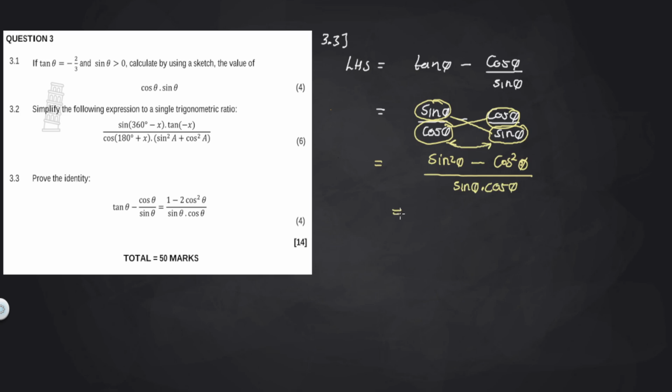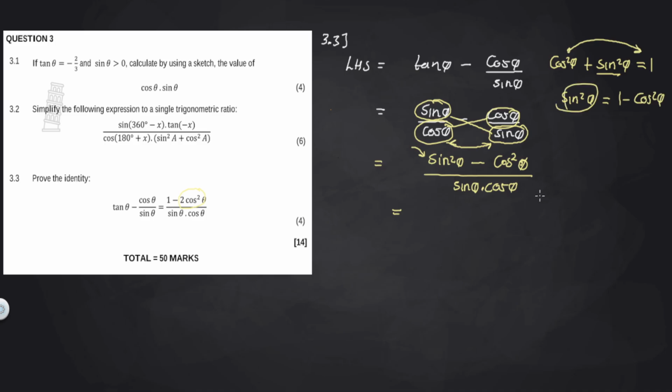Therefore I can see that on the numerator on the right hand side there's only a cos, not a sine. So I'm gonna change the sine into its identity. Cos squared theta plus sine squared theta equals 1, right? But let's make sine squared theta the subject: 1 minus cos squared theta. So I just transposed the cos over to the right hand side.